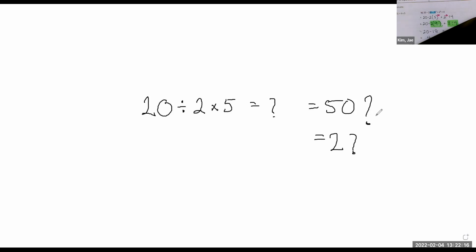But one of these is right and one of these is wrong, just because of mathematical convention. You're supposed to go left to right. So same suggestion. That's a very logical suggestion. Absolutely. Anyone else? If you went from left to right, what is the answer? 50. Anyone else? Have another argument for it?